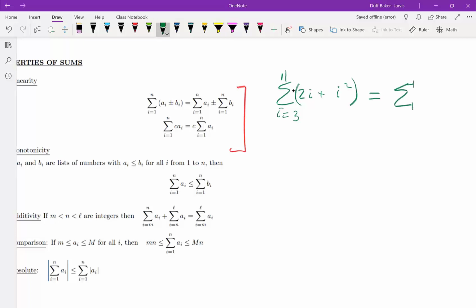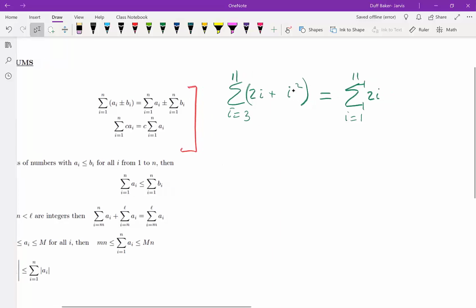So the summation operation, you can split into 2 pieces. You can just take the 2i plus the second bit, and you keep the bounds the same. The starting and ending stay the same. So that's just a rule that these things satisfy.